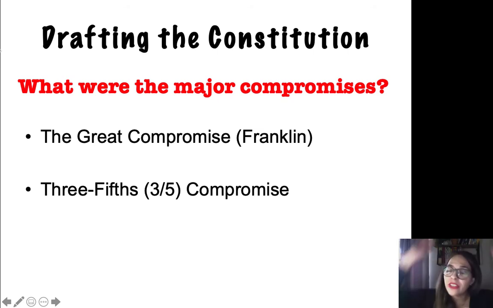They're like, oh, no, we can't have that. How can you count slaves when under the law, slaves are not considered people? And it's like you can't have it both ways. Either they're people or they're not. And so immediately, again, the debate gets intense. People are threatening to storm off.